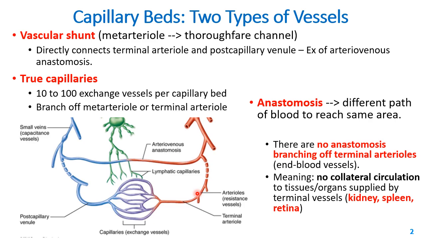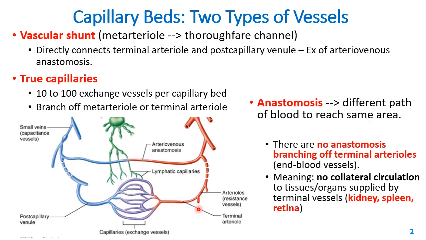So here just a bit of summary on those definitions. And then remember that you have certain organs that do not have anastomosis because they are supplied by a terminal artery. And here you have examples of the kidneys, because in the kidneys you are going to have filtration of the blood.